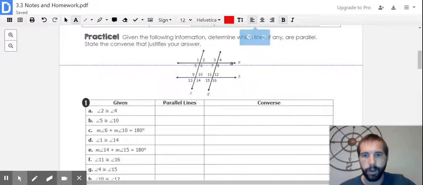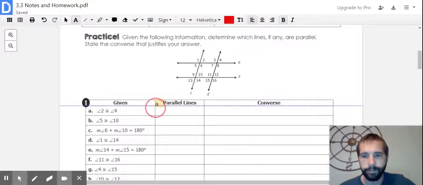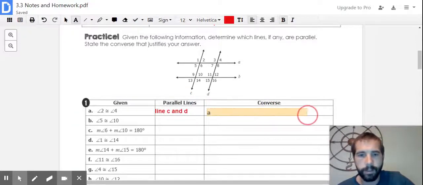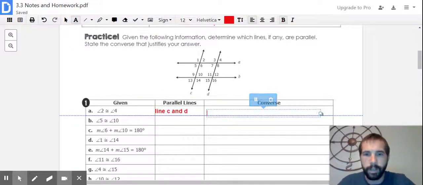Well, angle 2 and 4 are corresponding angles, and that would make line C parallel to line D. Line C and D would be parallel because of the corresponding angles converse.